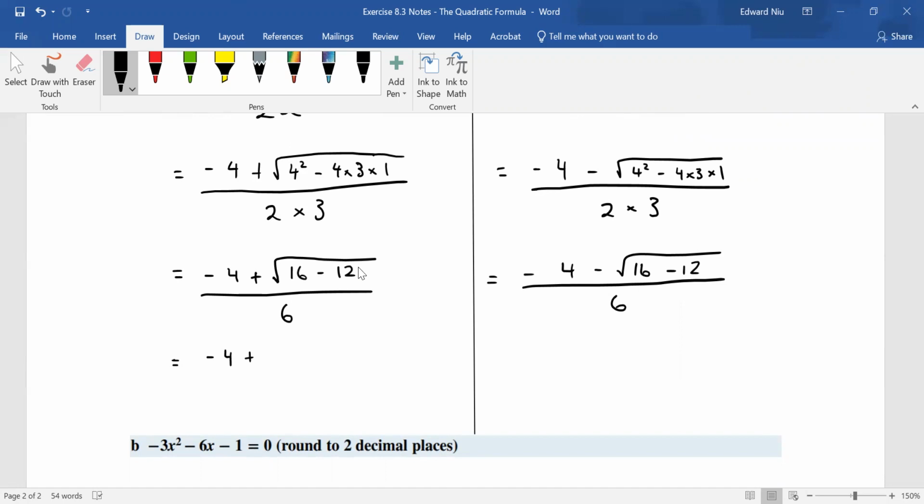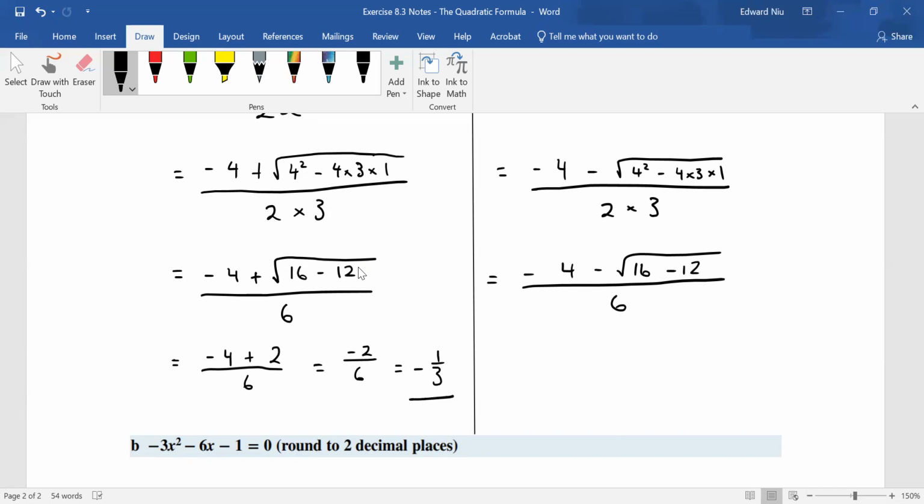So square root 4 is 2 on 6. Okay, if you're not sure, just input that into your calculator, which is going to give us an answer of negative 2 on 6, which is equivalent to negative 1/3.